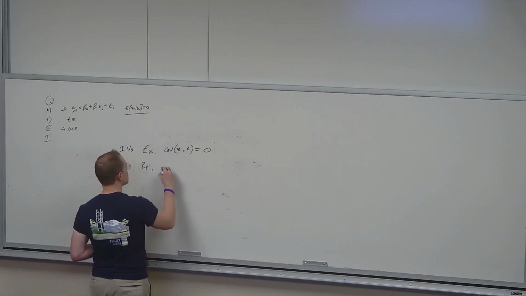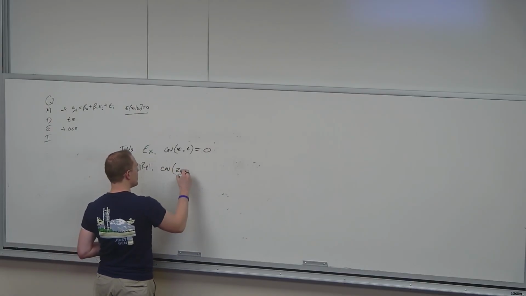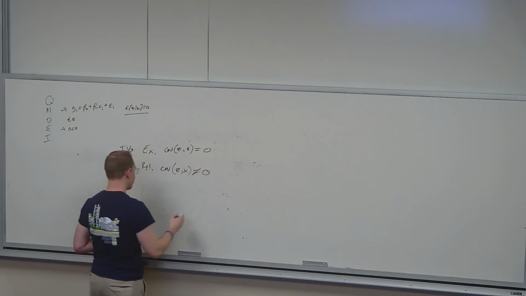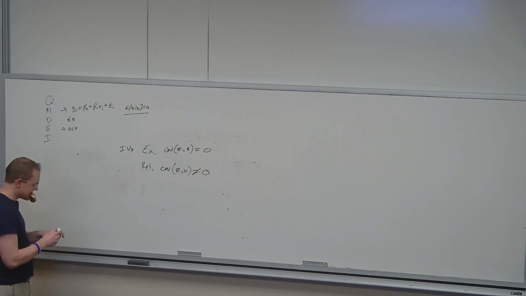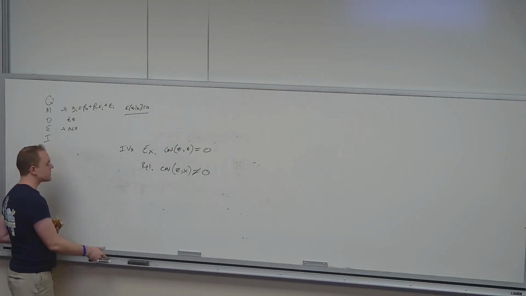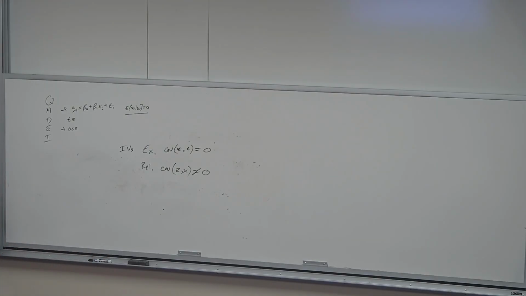Relevance says that the covariance between your instrument and what you're instrumenting for is not 0. Otherwise, it will not be relevant, right? Pretty simple stuff. You need exogeneity and relevance to hold for your IVs.